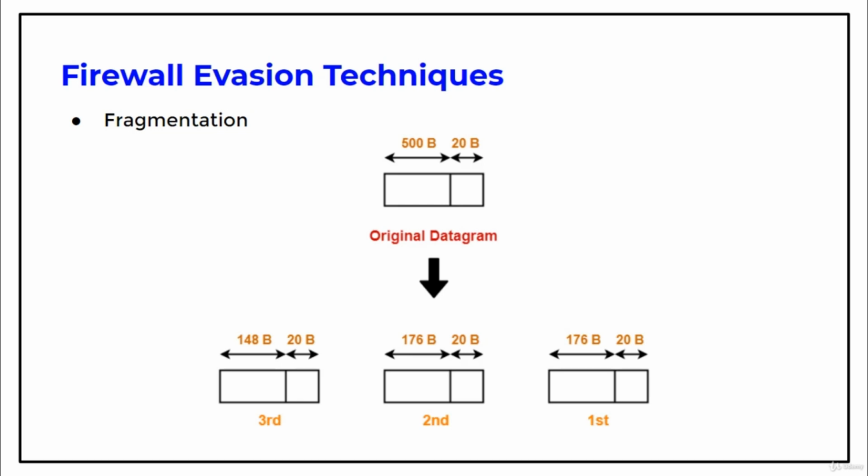We have seen such a fragmentation attack in IDS evasion as well. The attack methodology is the same because the original datagram is broken down into simpler pieces so that the IDS or the firewall won't understand that all the packets are from one single malicious source.